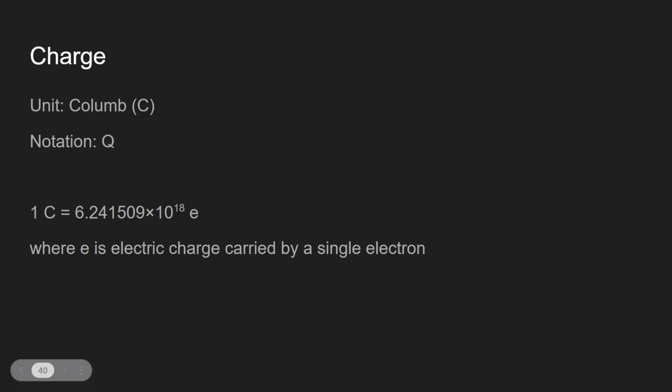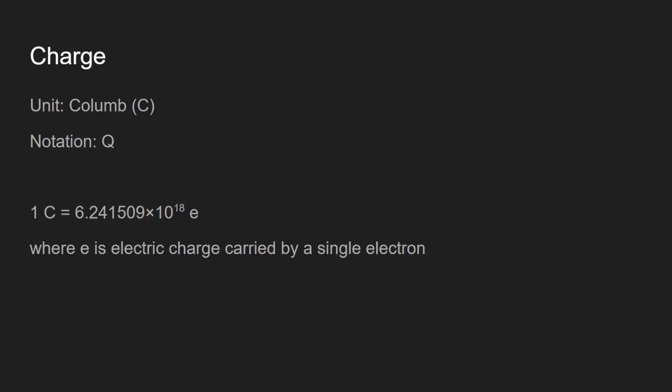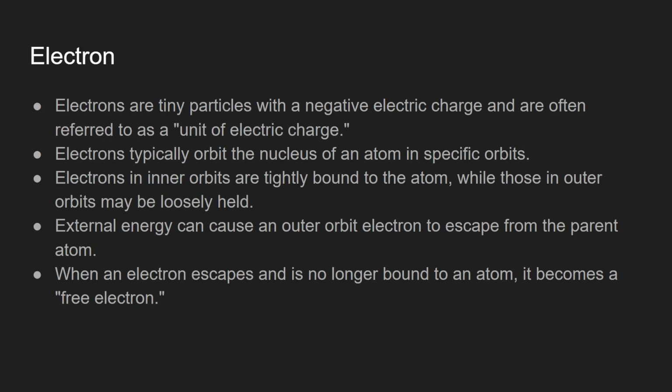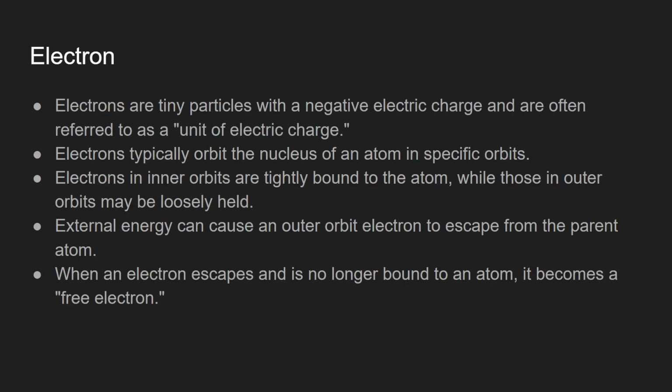You don't have to remember this. Just remember that the flow of electrons will become current. The electron is negatively charged and refers to a unit of electrical charge. The electron is one of the basic particles, so we can use it as a reference point.